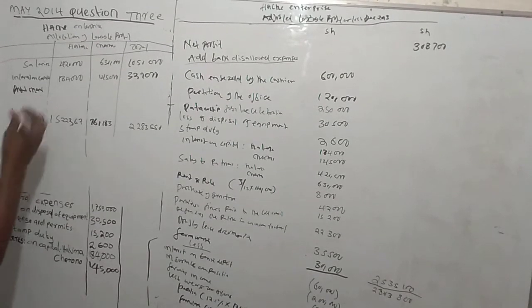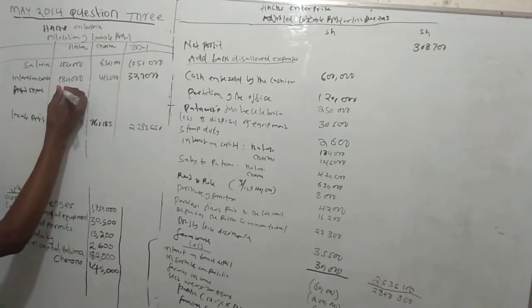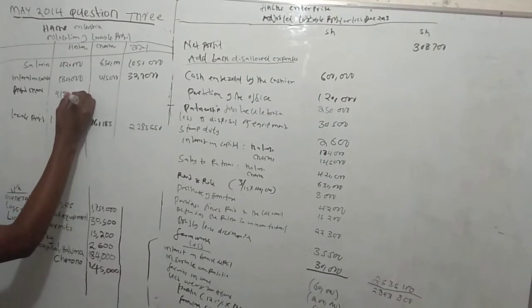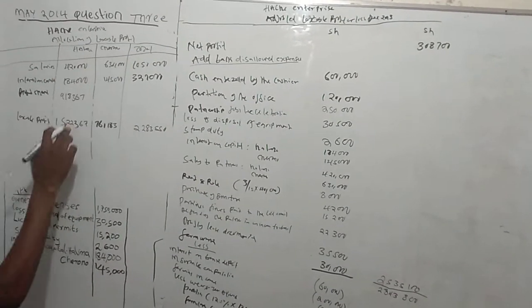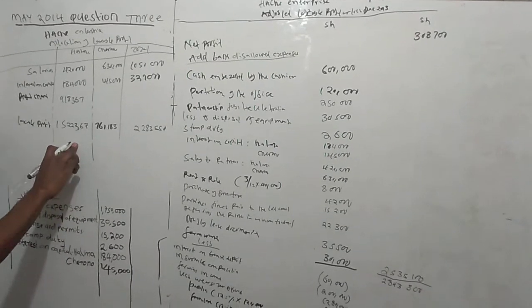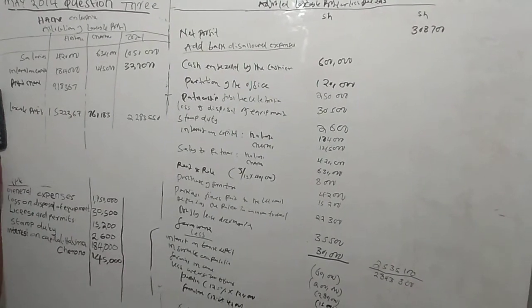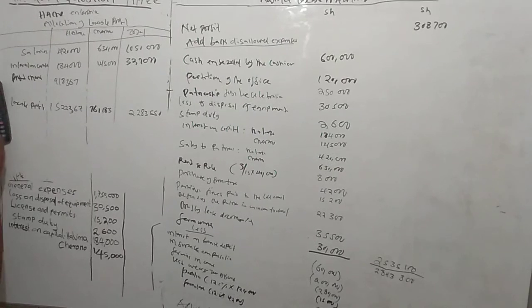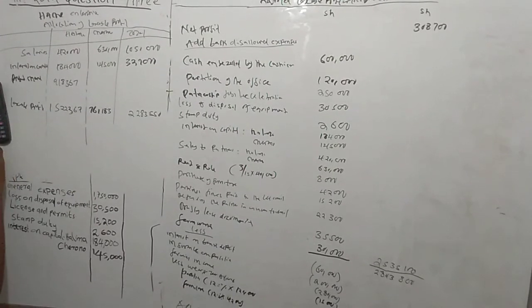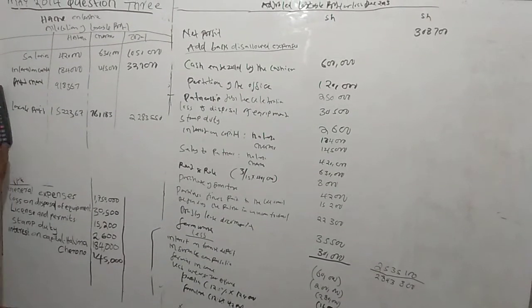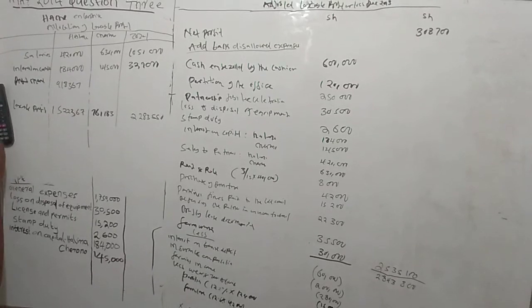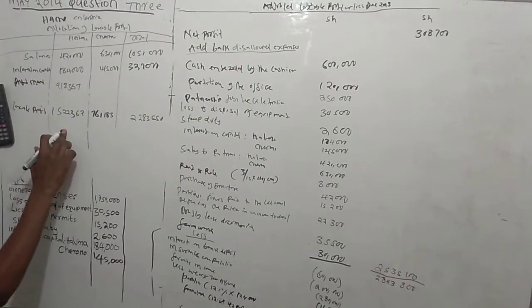I'm getting here 918,367. Such that if you add these three, you're going to get 1,522,367. You can confirm: 420,000 plus 184,000, then add 918,367. I'm able to get 1,522,367.